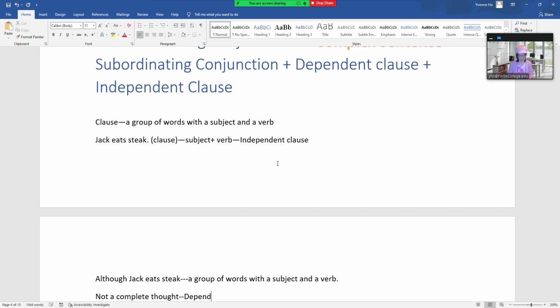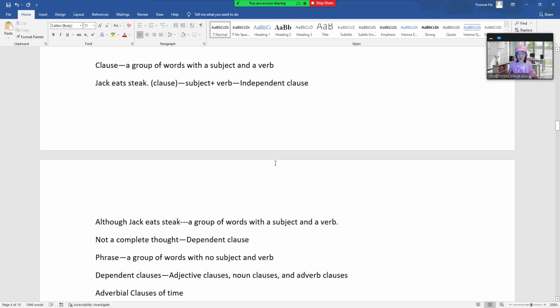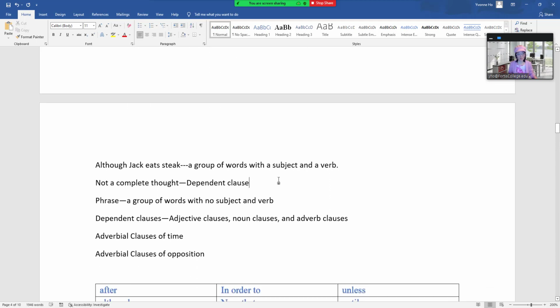This is known as a dependent clause. So that's the difference between an independent clause, which is a complete sentence, and a dependent clause, which is not a complete sentence. And when we write our papers, we want to avoid dependent clauses because a dependent clause is the same thing as a sentence fragment.